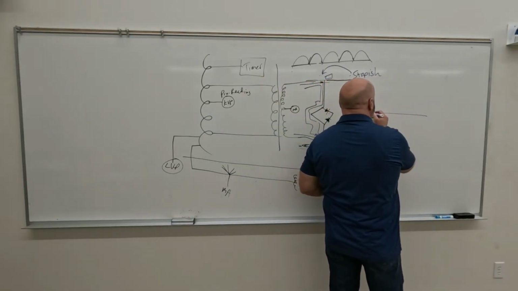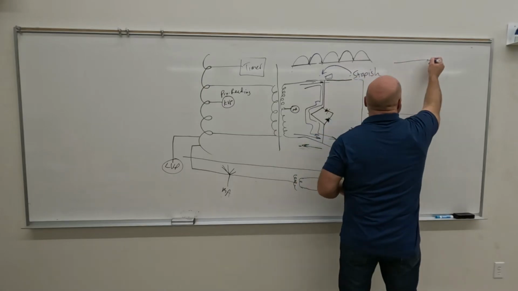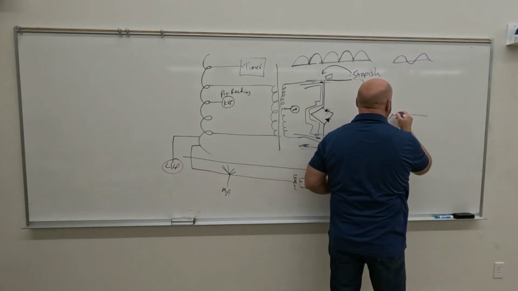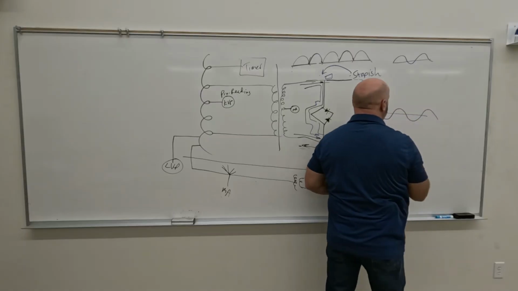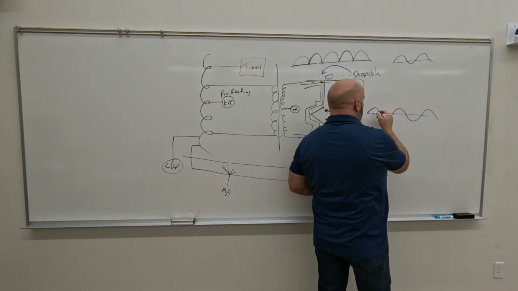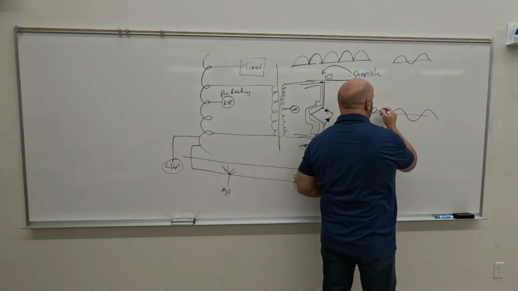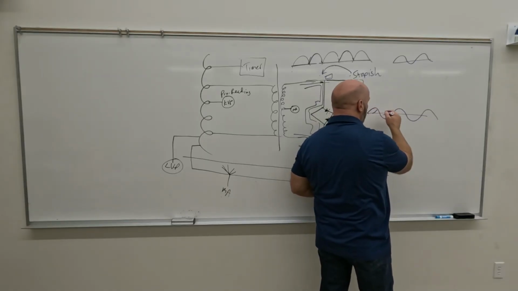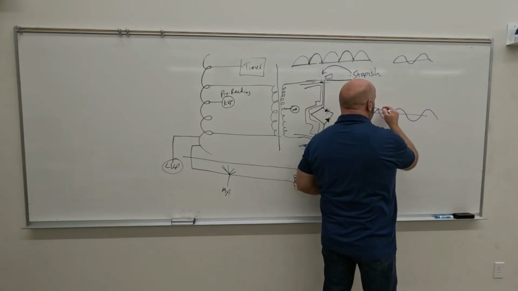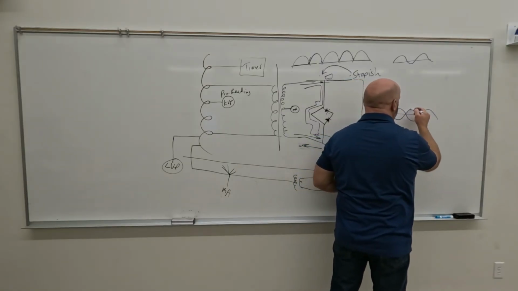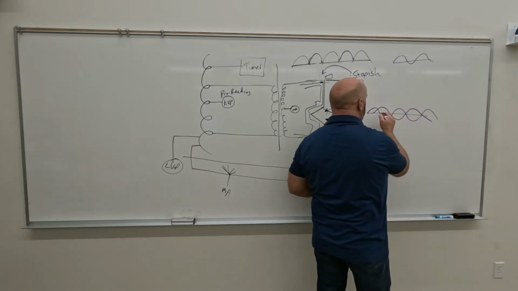You've got single phase goes like that. Three phase, you've got three overlapping offset waveforms. And this is harder to draw than you might think. So one wave starts and the next one comes up. Something like that.